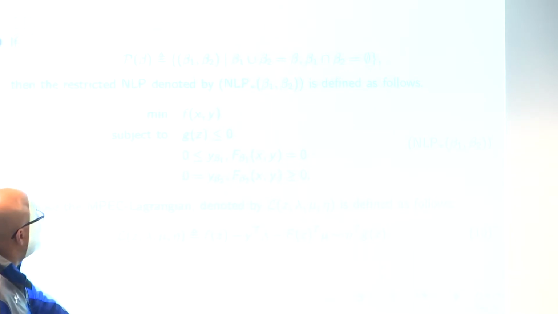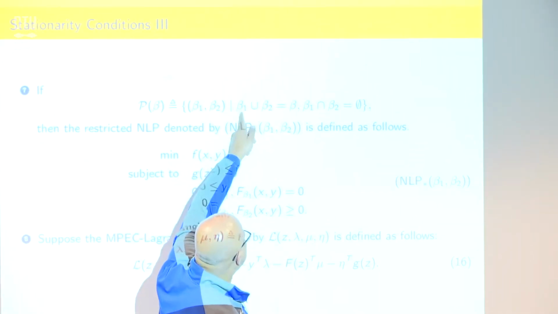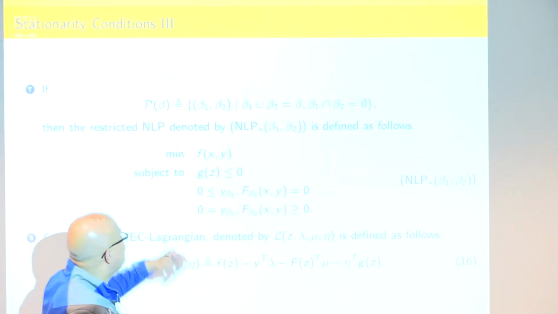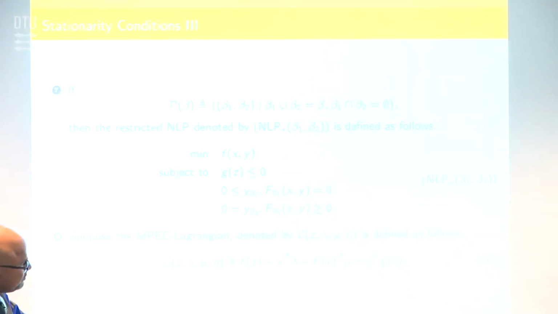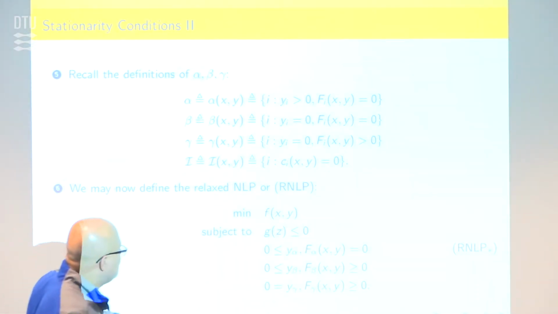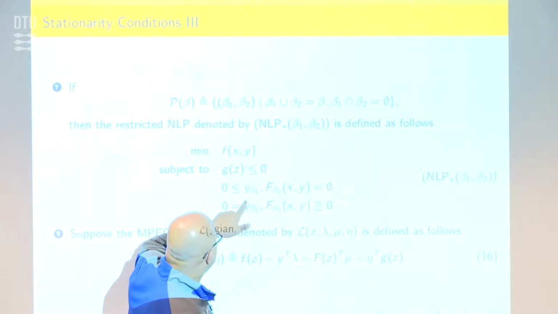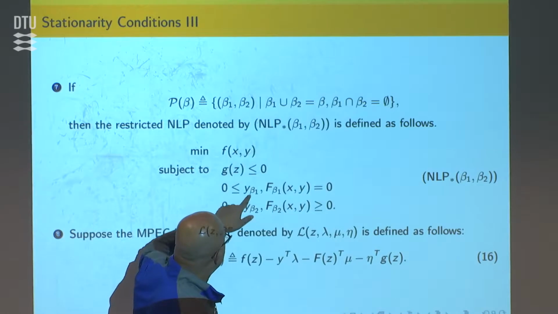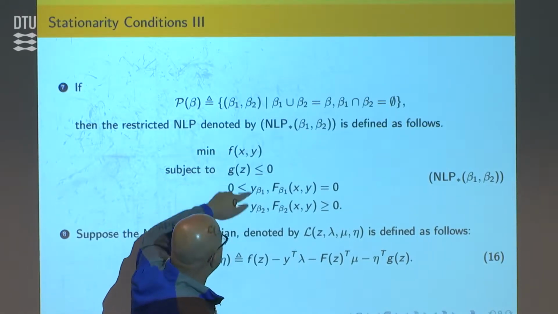So if P beta represents the set of beta 1 and beta 2, where beta 1 and beta 2 are index sets which are subsets of beta, but their intersection is empty, okay? So if you look at this, this is alpha, beta, gamma, and now I'm going to define corresponding to beta 1 and beta 2. This is the restricted NLP, okay?